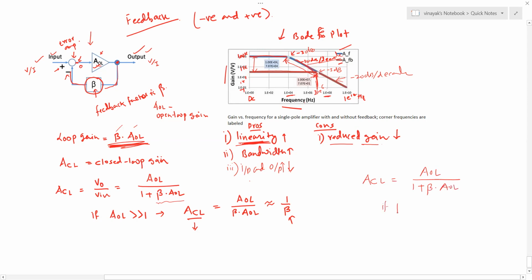And if beta times AOL is -1, right? So in that case, your ACL tends to infinity, right? Because this is -1 plus 1, so 0, and the ACL tends to infinity. So in this case, your circuit might oscillate. Not might, circuit will oscillate.